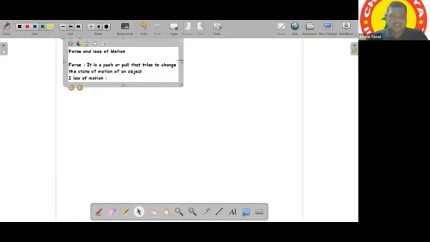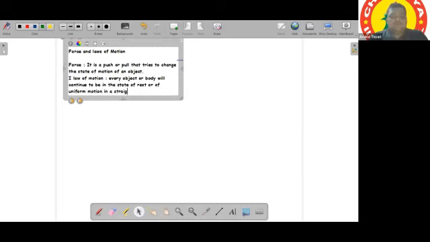Okay, the first law of motion states that every body will continue to be in its state of rest or of uniform motion in a straight line, unless acted upon by an external unbalanced force.